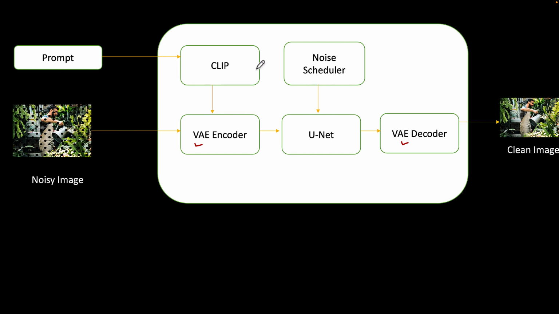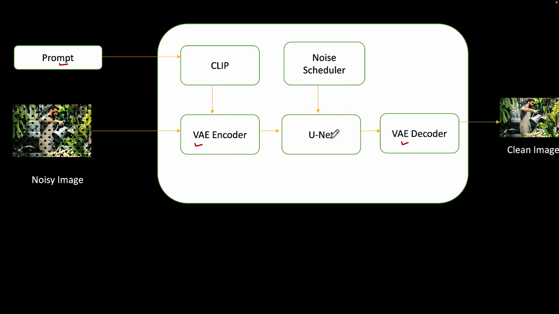Then another section is called CLIP, the contrastive language image pre-training. The job of this model is to convert the prompt into embeddings, which are then fed to the variational autoencoder. The encoder takes the image as well as this text embedding as input, and generates the latents for both of them at the same time.